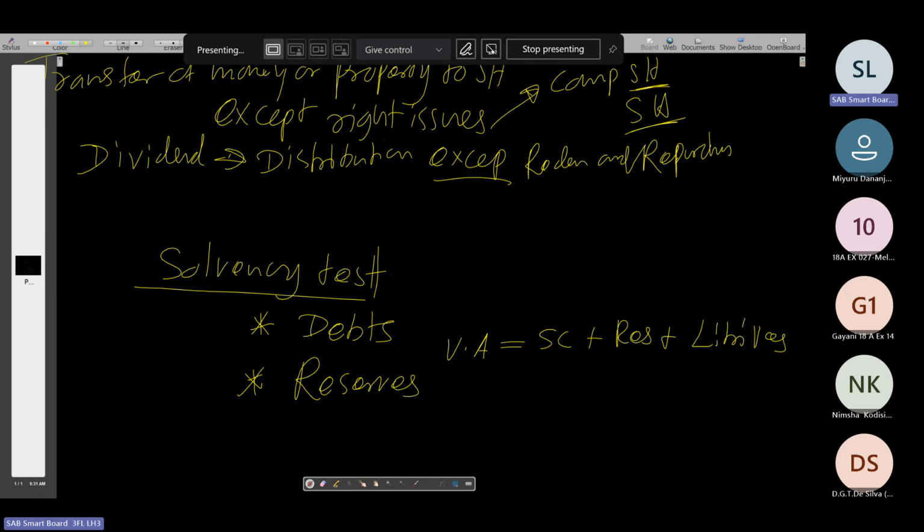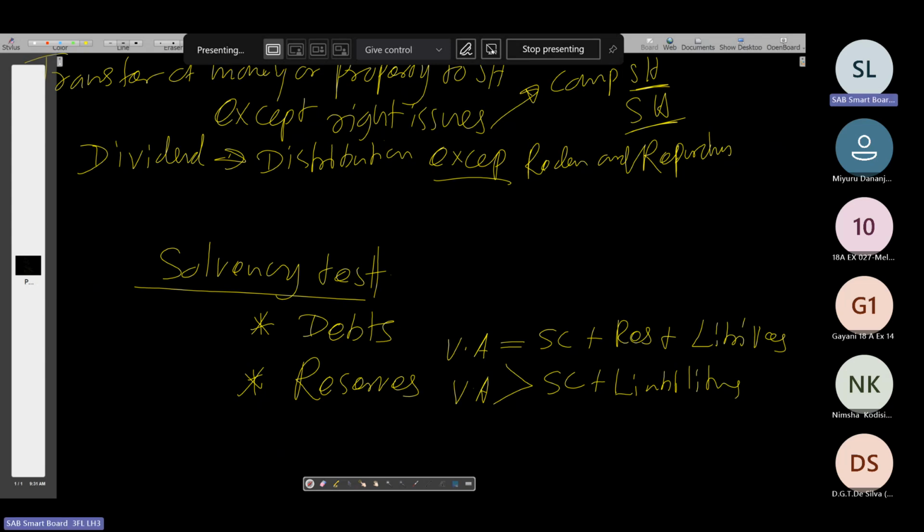So under the second condition, we have to check whether the value of the assets is greater than stated capital plus liabilities.